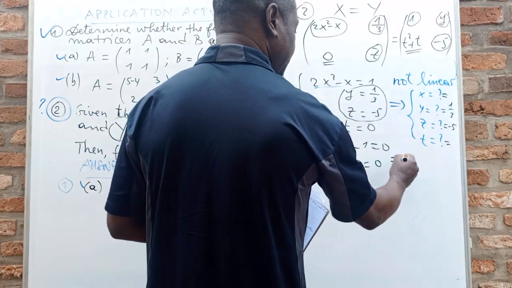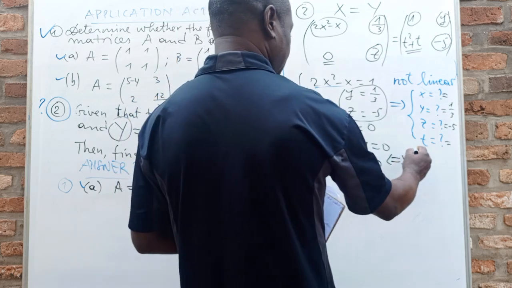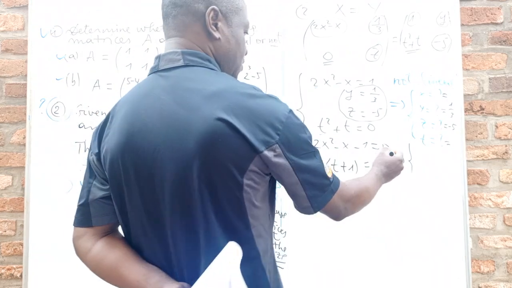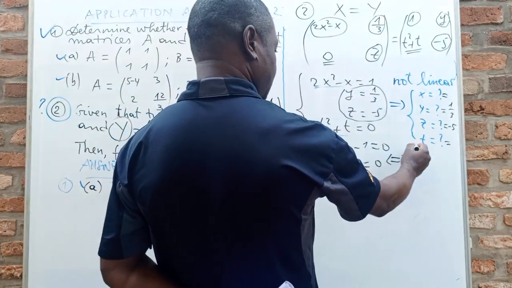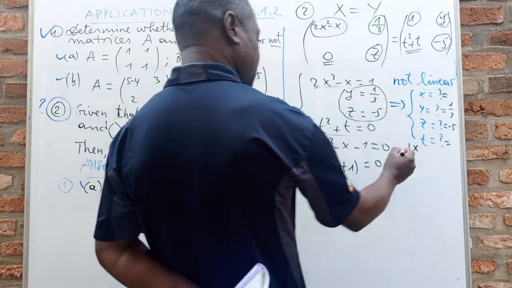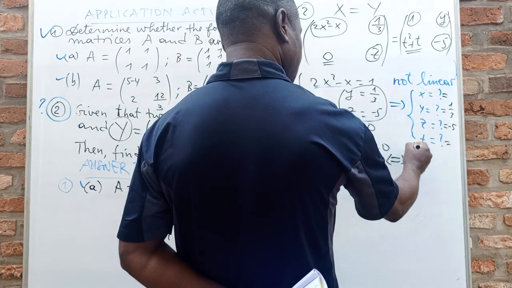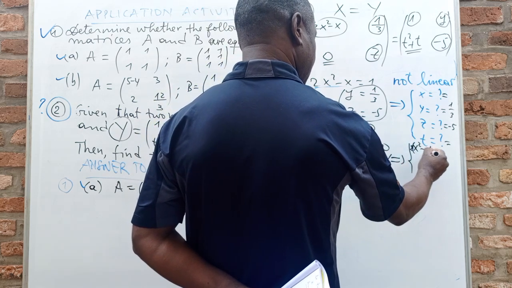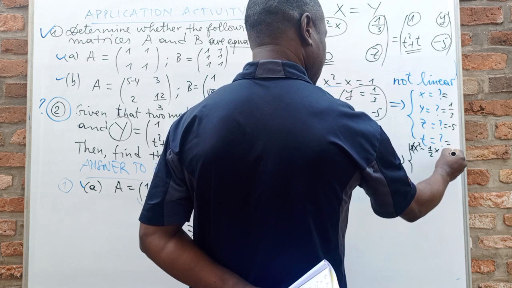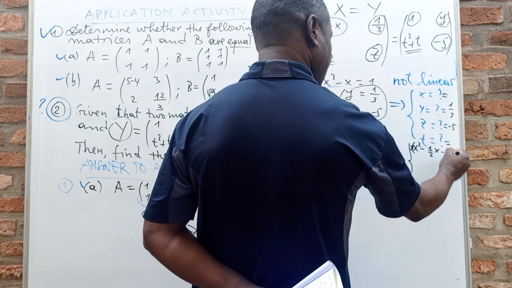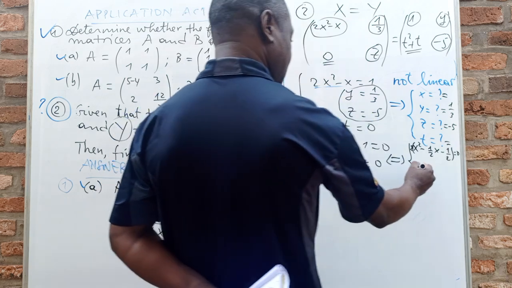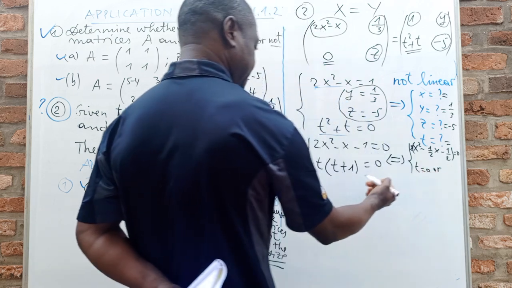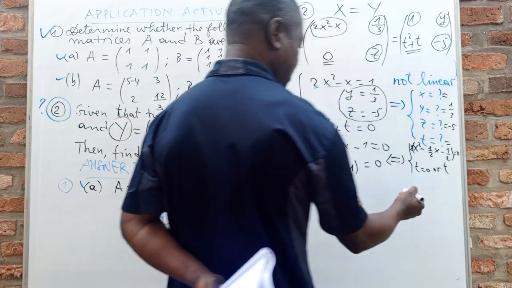Factoring out the 2 in the first, we have 2 times (x squared minus 1/2 x minus 1/2) equal to 0. Then t equal to 0 or t plus 1 equal to 0.